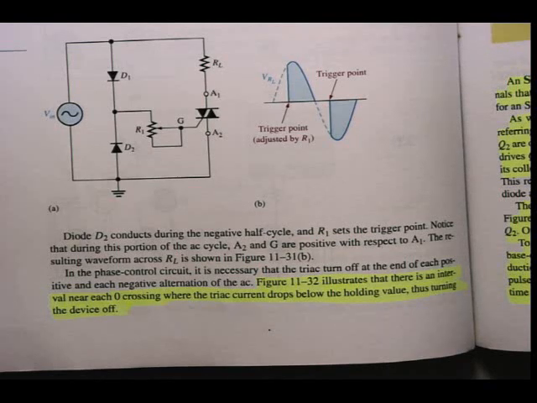All right, in the phase control circuit, it's necessary that the triac turn off at the end of each positive and each negative alternation of AC. So figure 11-32 illustrates that there is an interval near each zero crossing where the triac current drops below the holding value, thus turning the device off.